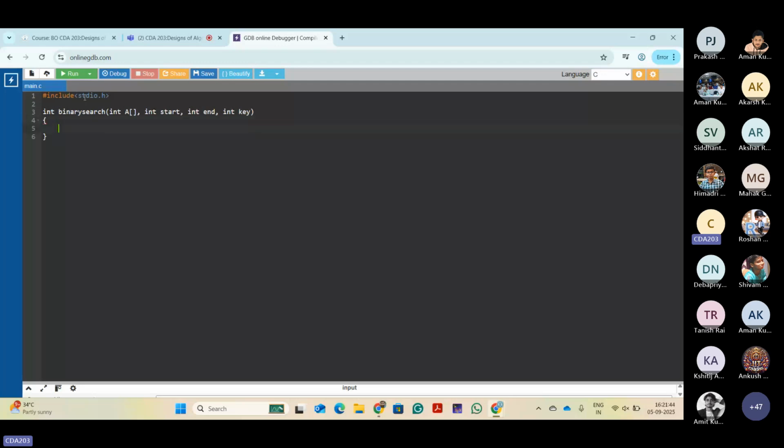Okay, so what do you need to do? You need to find the middle element first.